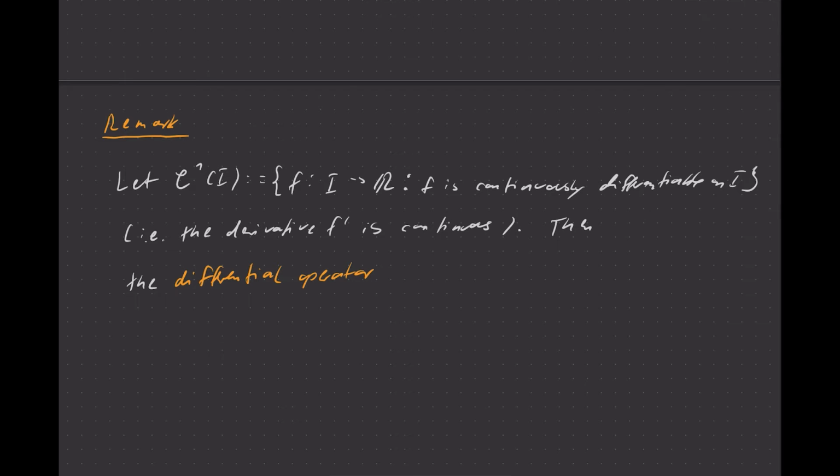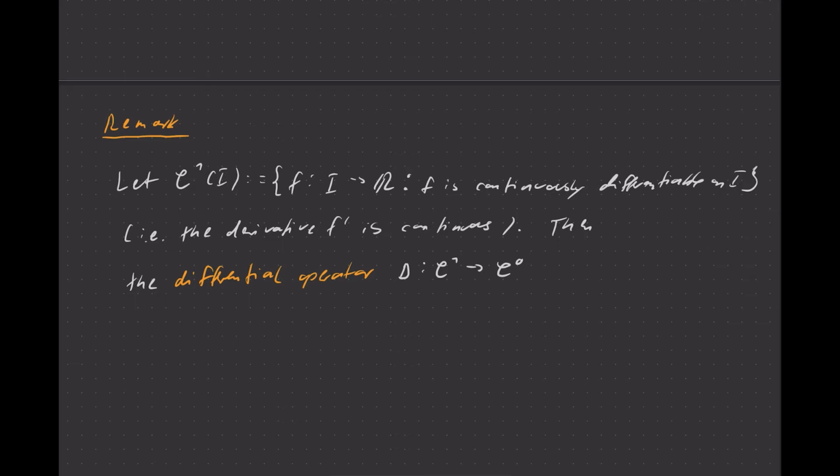And it's often written as D, capital D. That's a function from C1 to C0. You will remember C0 is the set of all continuous functions. So differentiating a continuously differentiable function, of course, yields a continuous function. So the result of that differentiation will be in C0.